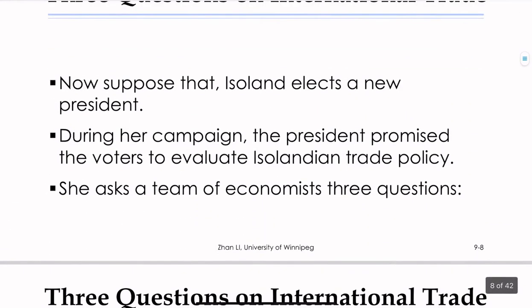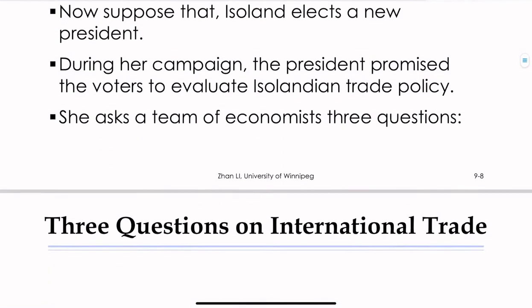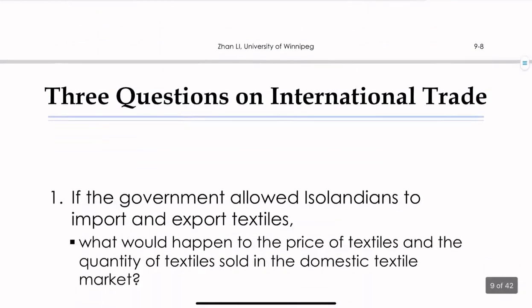Now let's say this Iceland has a new president, and this president promised to evaluate this country's trade policy, right? So basically, this country wants to do some reforms on international trade. And before starting this reform, the president asks some economists 3 questions.